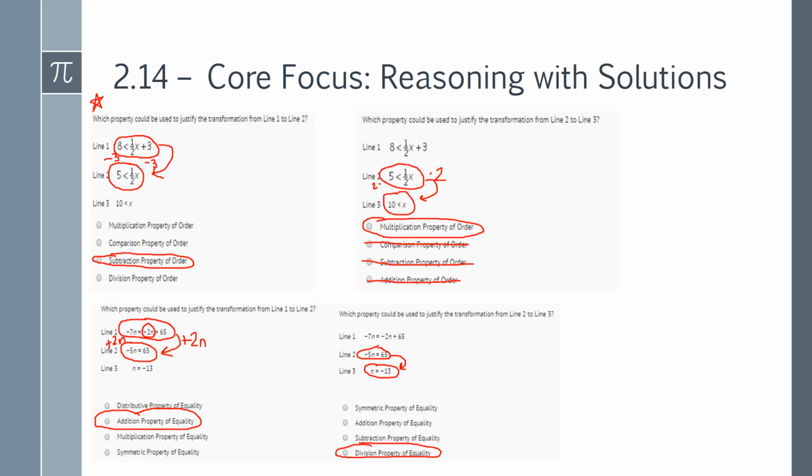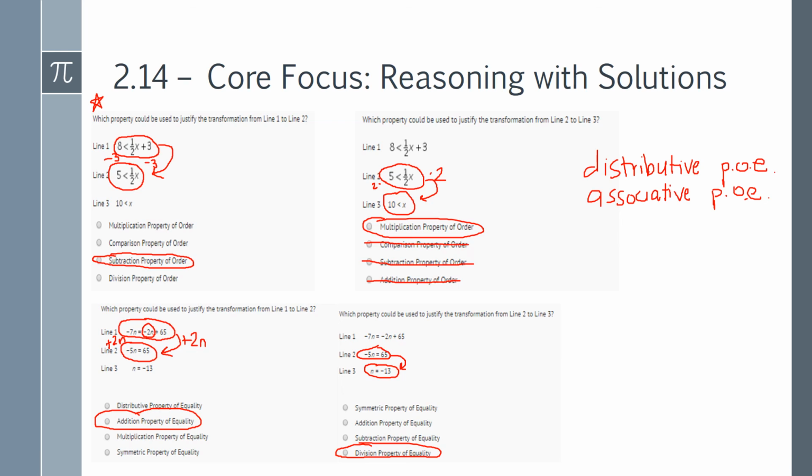Okay, so your options here. You should have either the distributive property, that's if you distributed, and I'm going to say POE because I don't want to write it out each time. POE, property of equality, that's what POE stands for. Okay, there's associative, that means I changed where my parentheses were.